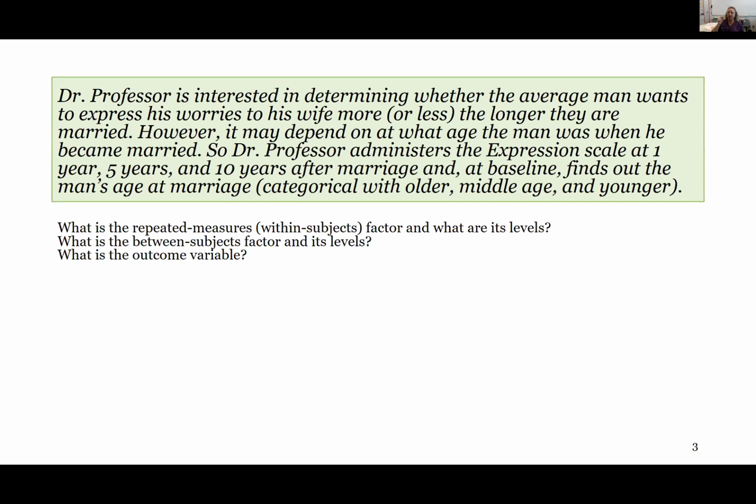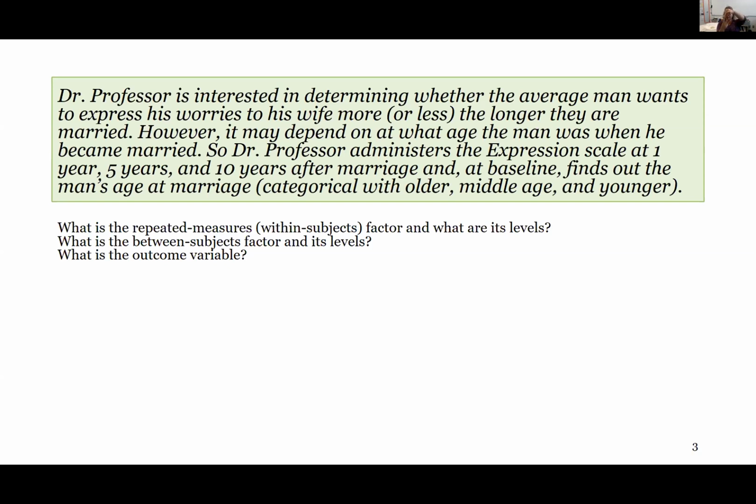What's the between subjects factor? Now remember, between subject factor is another name for independent groups, where someone belongs to one or the other, but only one group. What's the between subjects factor? Age. Marital age. And how many factor levels are there? 3.